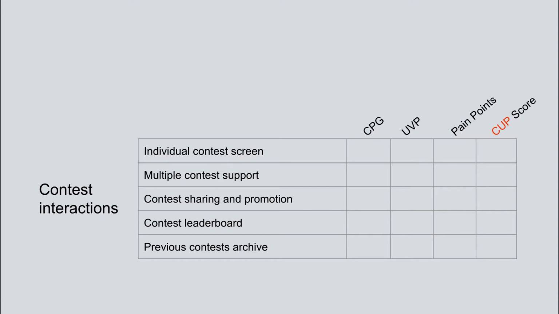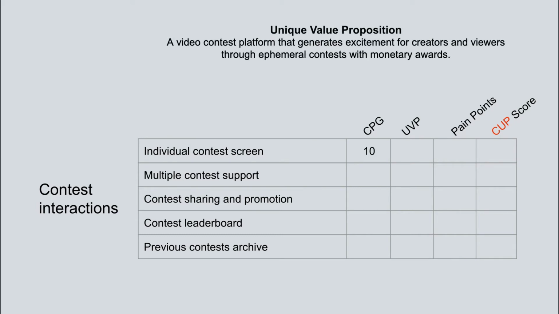Okay, let's start with the current primary goal score for individual contests. Let's remind ourselves of what the current primary goal is. Our current primary goal is to get to 10,000 unique viewers for one contest. Well, you're not going to get any viewers for any contest if there isn't an individual contest screen. So we'll give it a 10. Now we can move on to the unique value proposition. Let's remind ourselves of our unique value proposition.